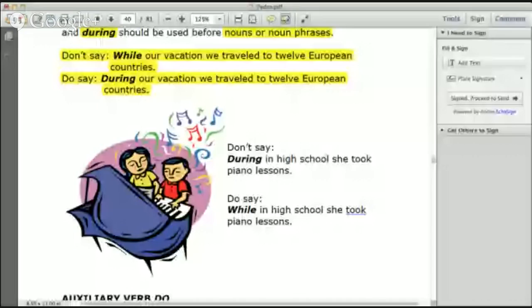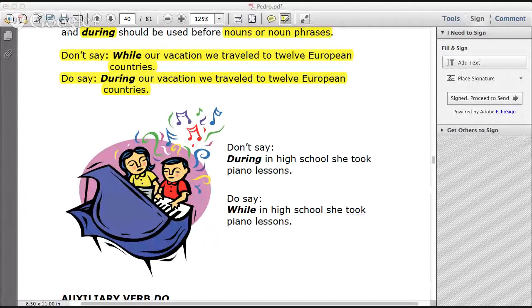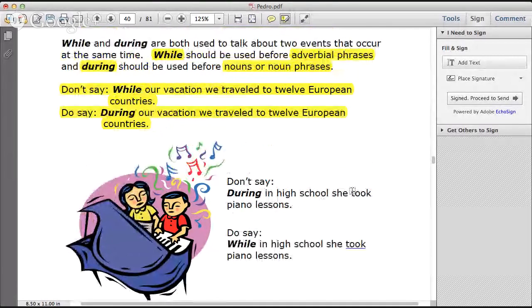Javier, let me have you read those, please. Don't say, while our vacation we traveled to 12 European countries. Do say, during our vacation we traveled to 12 European countries. Okay, very good.